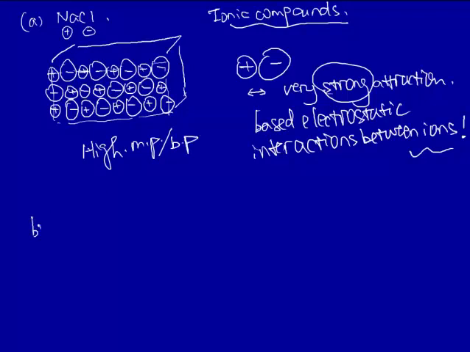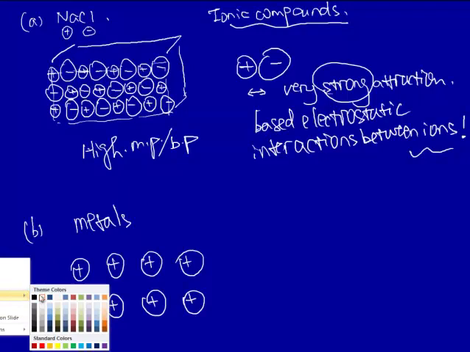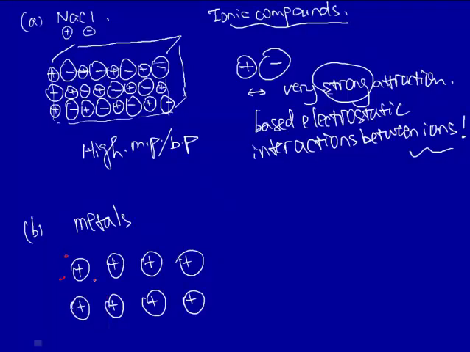The second type we're going to look at is metals. For metallic bonds, we have metal cations. However, now you have free moving valence electrons. This is the model for the metal, and remember, those electrons are negatively charged.